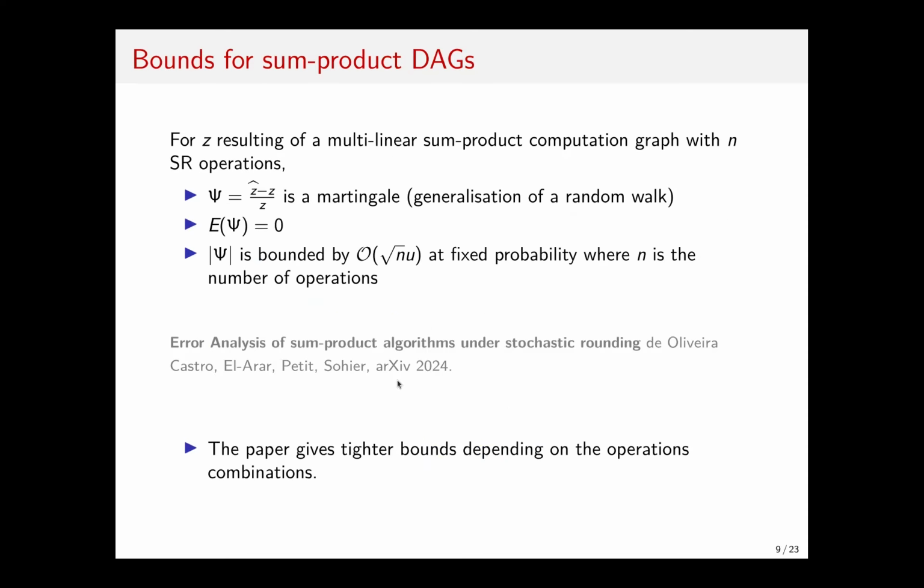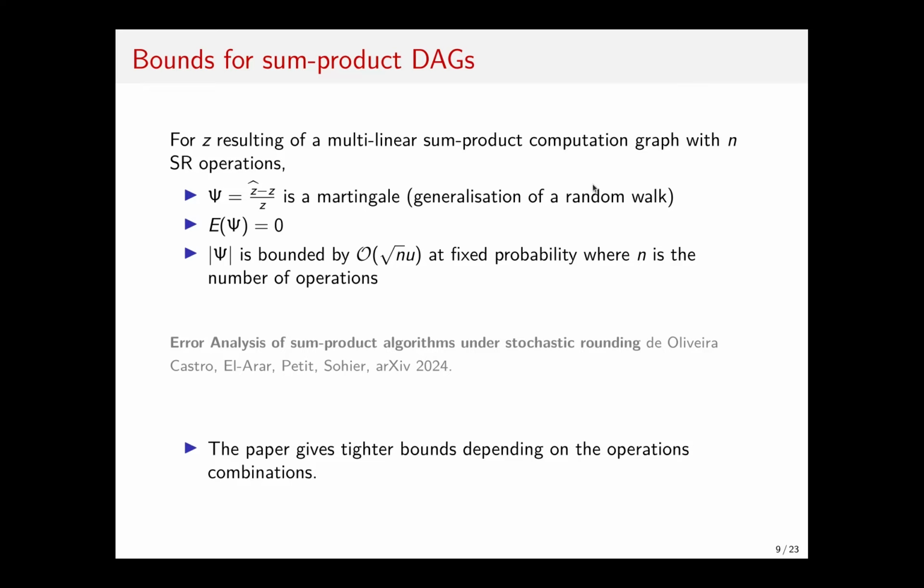We showed this recently in a paper that is available on arXiv. And we show that for all computation graphs that are a combination of multilinear sum products, the error is a martingale. So it's a generalization of a random walk.